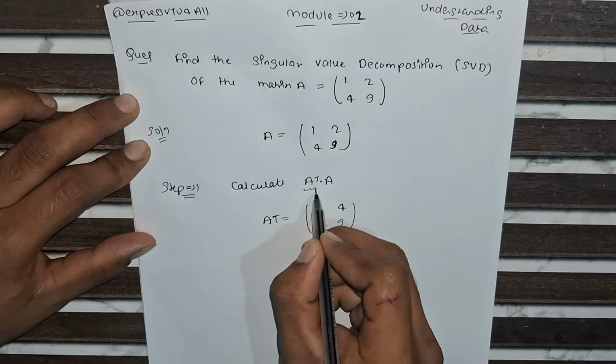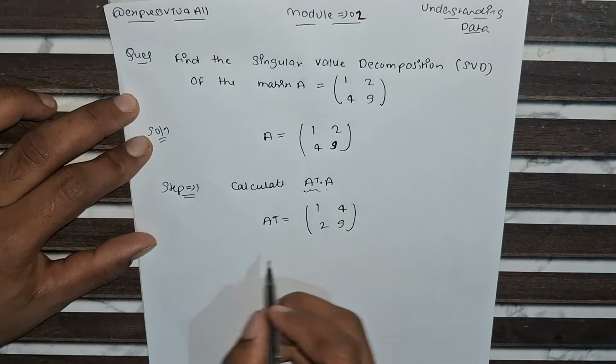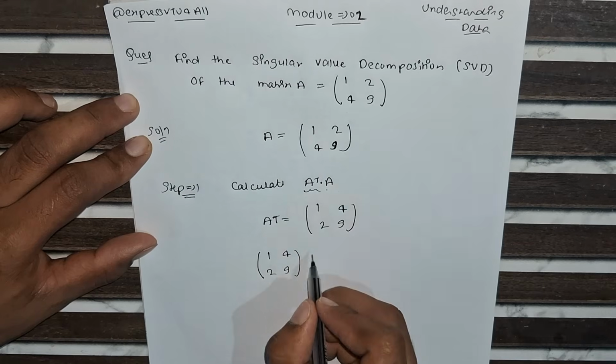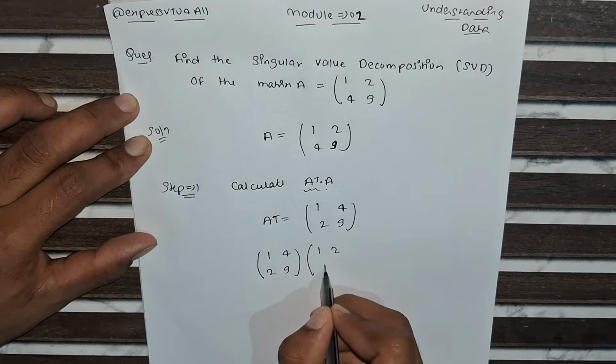Now we calculate A transpose into A. A transpose is [1, 4; 2, 9] and A is [1, 2; 4, 9].